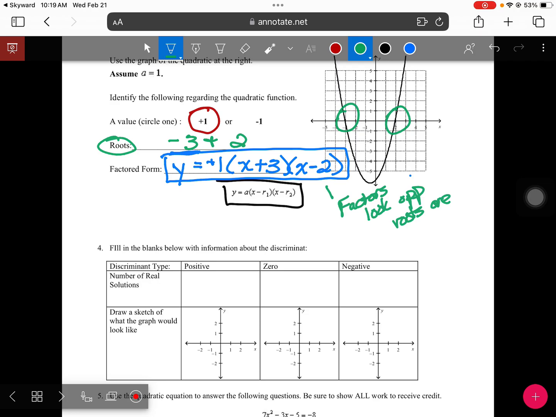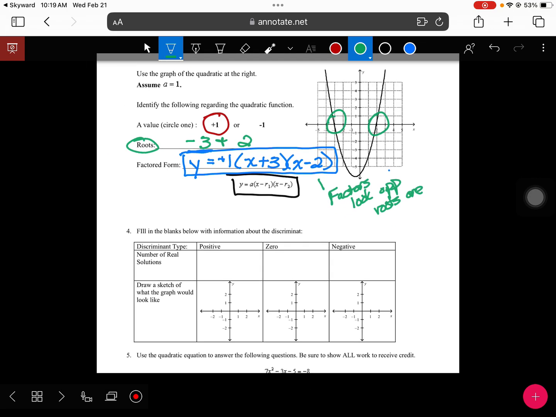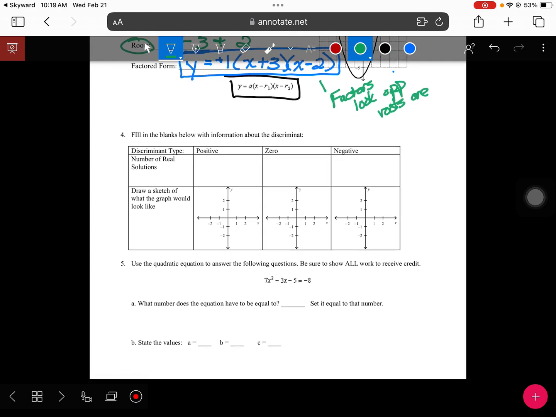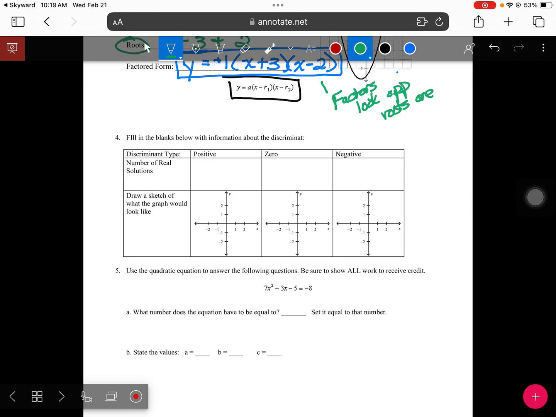So in factored form, don't put x minus 3 and x plus 2. It'll be wrong. You've got to put x plus 3 and x minus 2. It looks the opposite. It's like the opposite of vertex form. Everybody clear on that? All right, let's go to number 4.